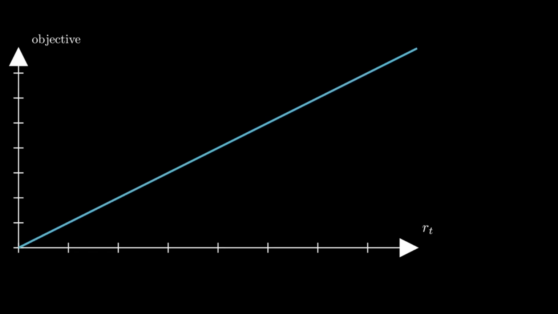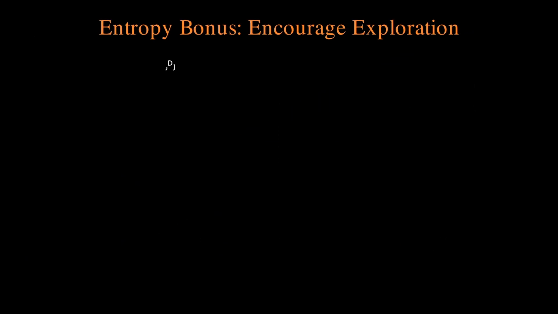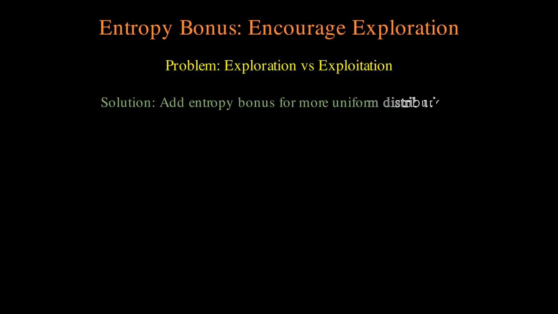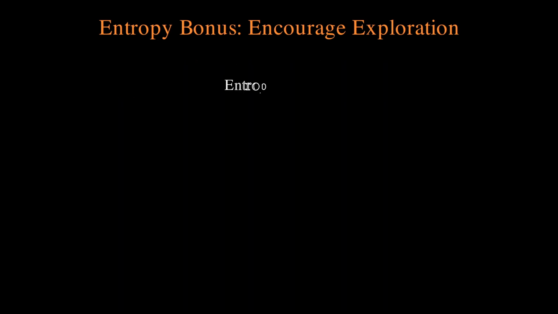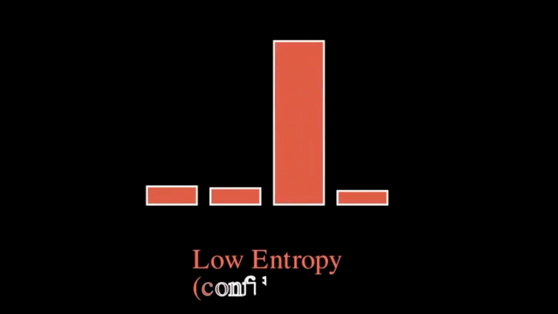Therefore, we get how much more or less likely the new model is to take a certain action times how much better that action is compared to the average action of the old model. Furthermore, in RL, there is the problem of exploration versus exploitation. And in order to encourage the model to explore more, PPO adds a bonus if the output probability distribution is more uniform as compared to more certain, and this is called an entropy bonus.